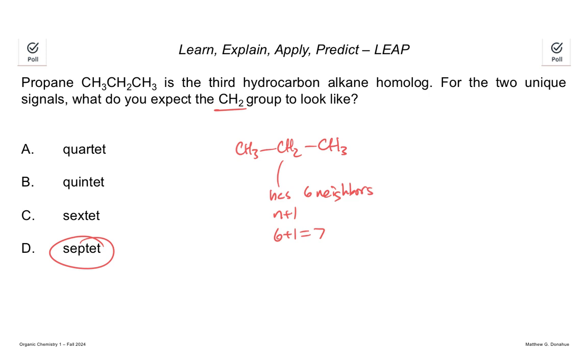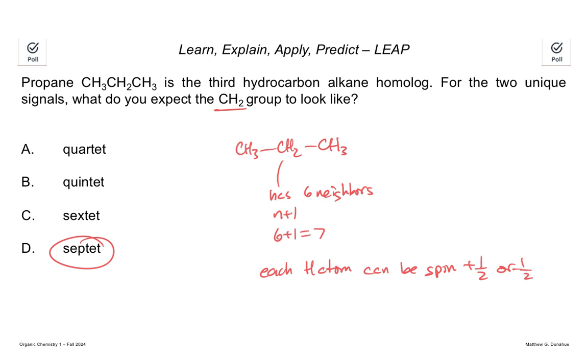So the reason that these things become complex is that each hydrogen atom can be a spin of +1/2 or -1/2.